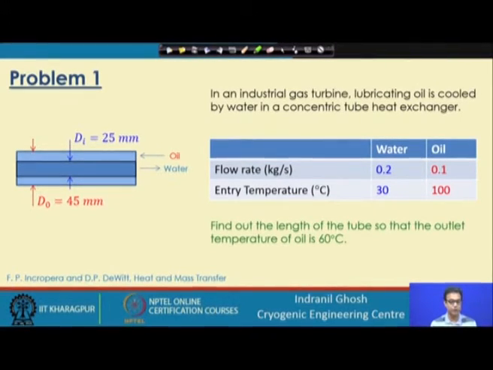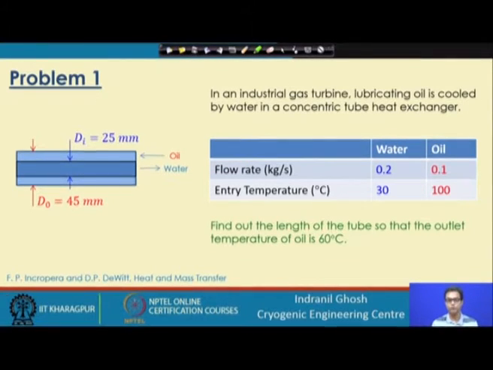So, basically it is a tube and tube heat exchanger, where the internal diameter of the tube is 25 mm, whereas the outer diameter is 45 mm. The thickness of the inner tube has been neglected, and the oil is flowing through the annular space, whereas water is flowing through the internal tube.